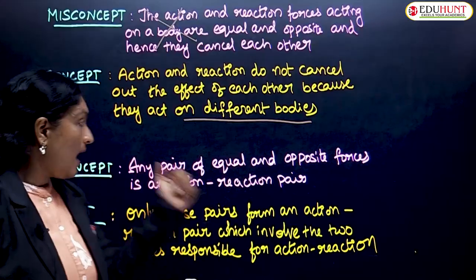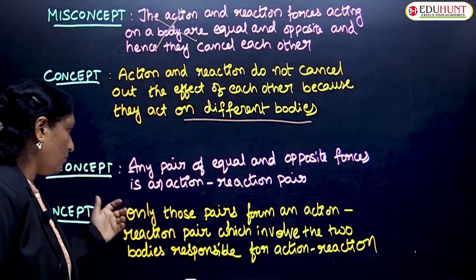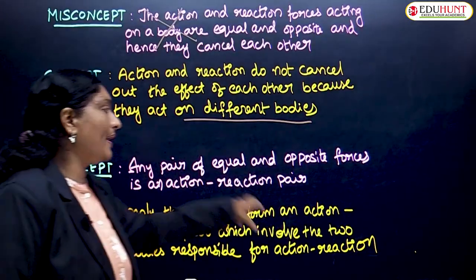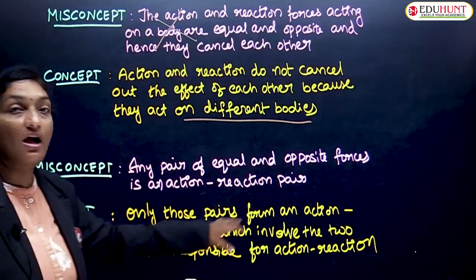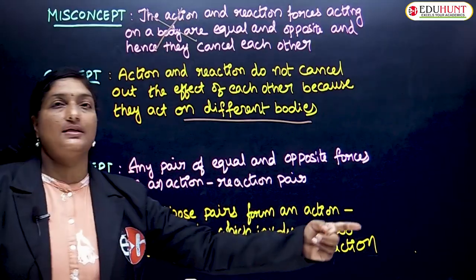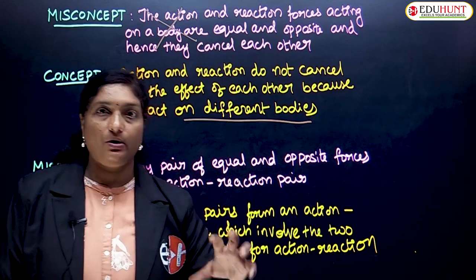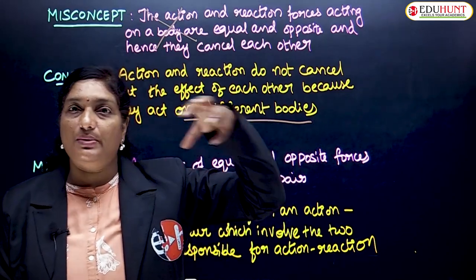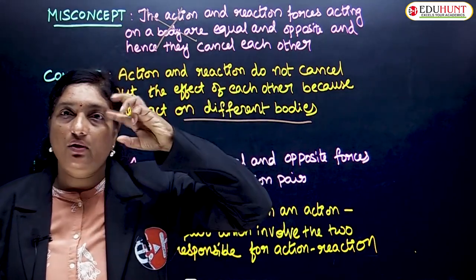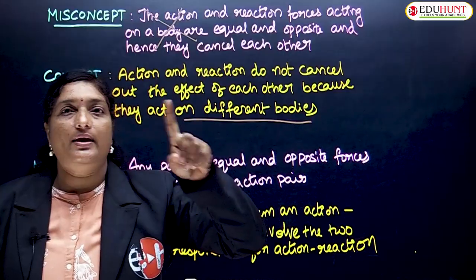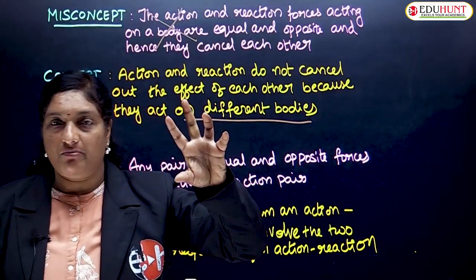Okay, children? And one more concept you need to know is, only those pairs form an action-reaction pair which involve the two bodies responsible for the action-reaction pair. Earlier I told you an example, that block of mass has been kept in air. Then only one body is possible, that is only the block of mass.